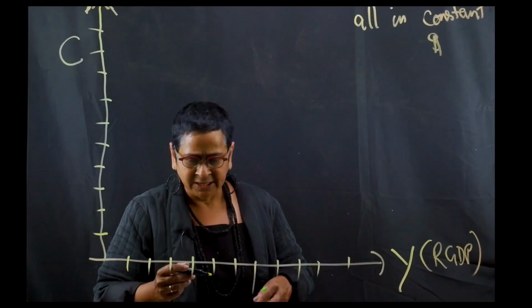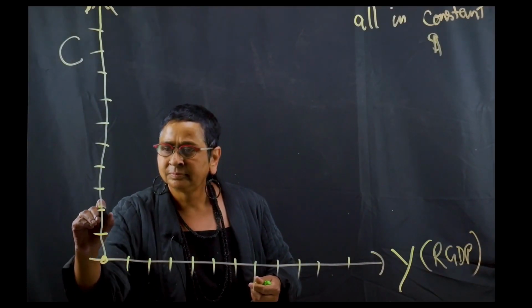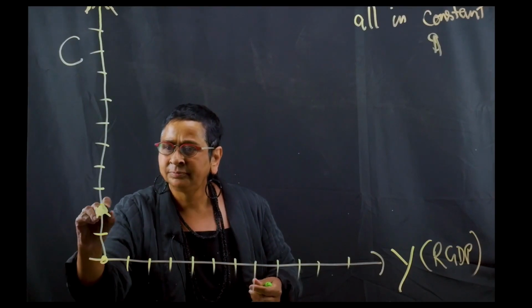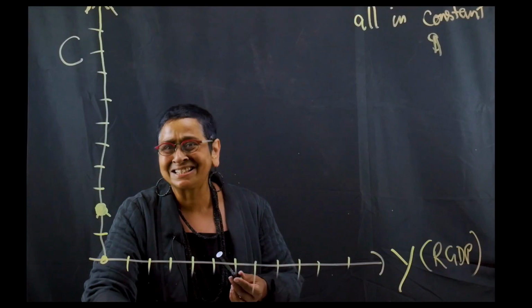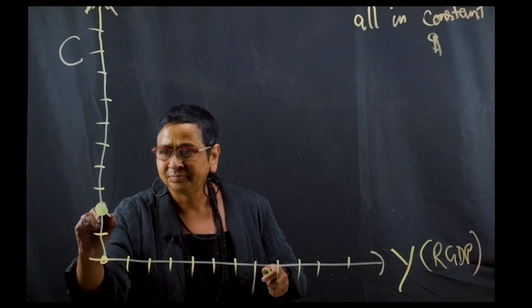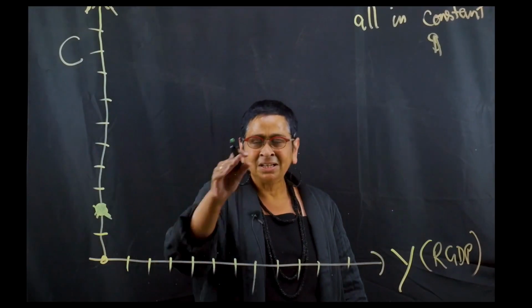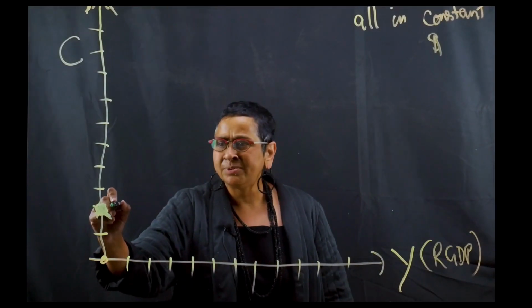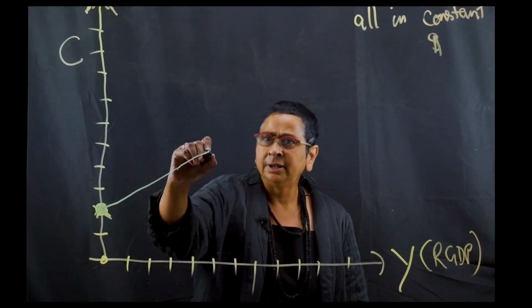When you have no income, you will still consume something. Then, as your income goes up, your consumption will go up. This will be a positive line.